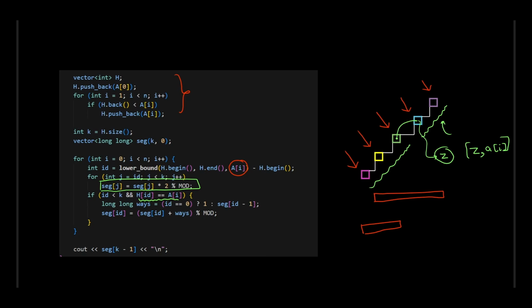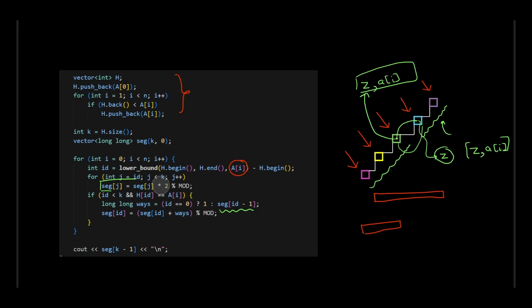So if you decide to take that element, then the number of subsequences of this level, suppose it is Z, you can decide to append AI to it and it will jump to this level. So that's why you compute the number of subsequences of level L minus 1 and you promote it to level L. So in this manner, you can see that you solve the problem.